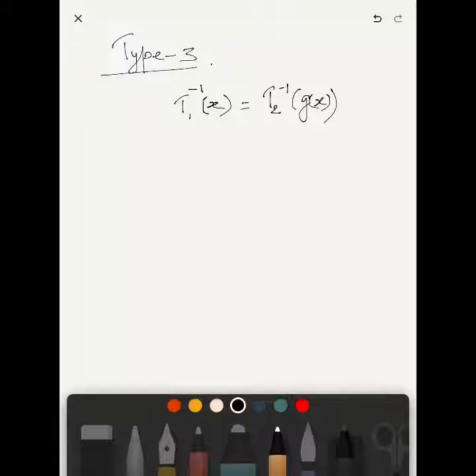Okay. See, today we'll discuss type 3. In the previous video I discussed type 2. So in type 3, look here. On the left side you will be given an inverse trigonometric function, and on the right side you will get an inverse trigonometric function, but the other one.